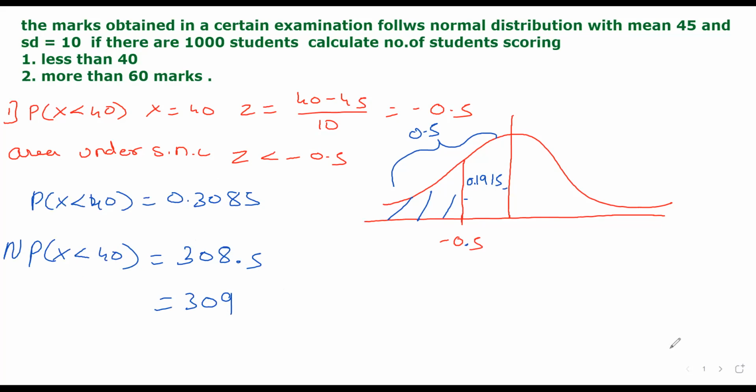Now more than 60 marks. I'll first find out the probability that x is more than 60. So at x equals 60, z will be 60 minus 45 divided by 10. It is 1.5.